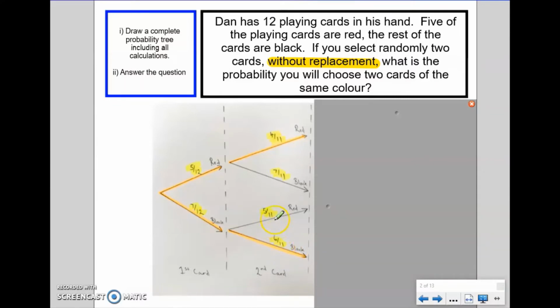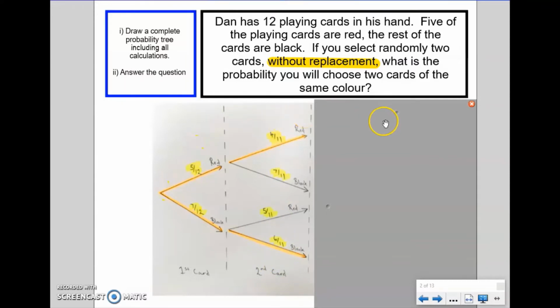Those two add up to 1 whole and are both influenced by the pick I had on the first event. You can see that the probabilities for the second choice of card are all affected by what happened from the first event.